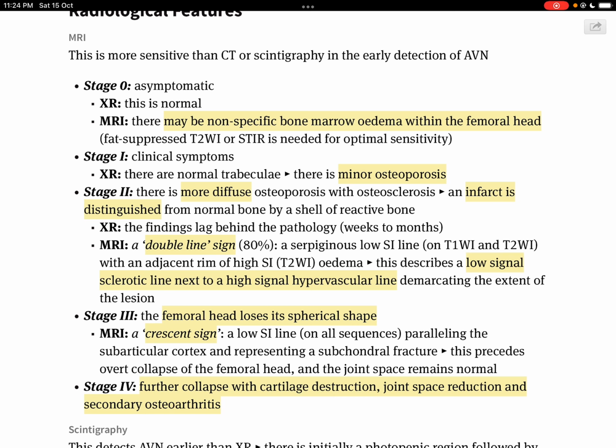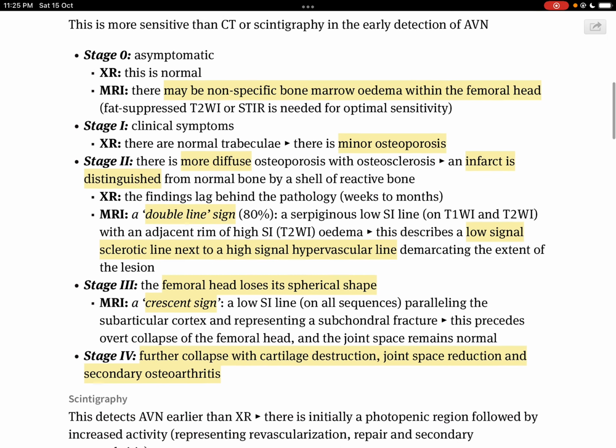So what is the double line sign? This describes a low signal sclerotic line next to a high signal hypervascular line demarcating the extent of the lesion.